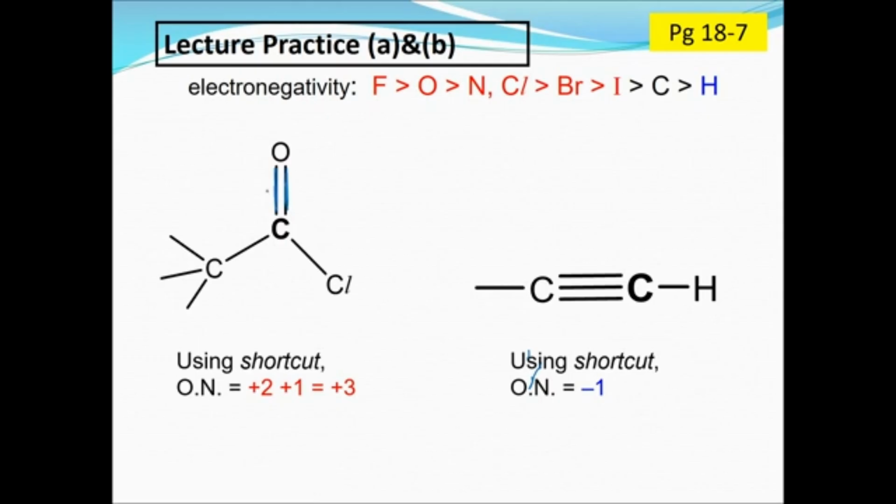If you have taken the shortcut method, there will be +2 due to the two CO double bonds here. Whereas for chlorine, you account for it as +1. For part B, because there's only one CH bond here, if you take the shortcut method, it will be -1. So indeed, the shortcut method is a little bit easier to get us to the oxidation number.